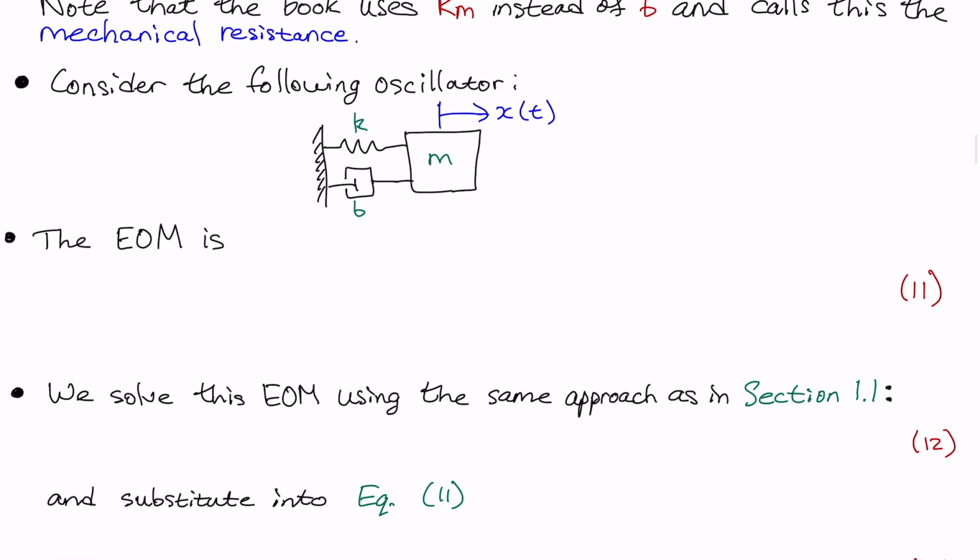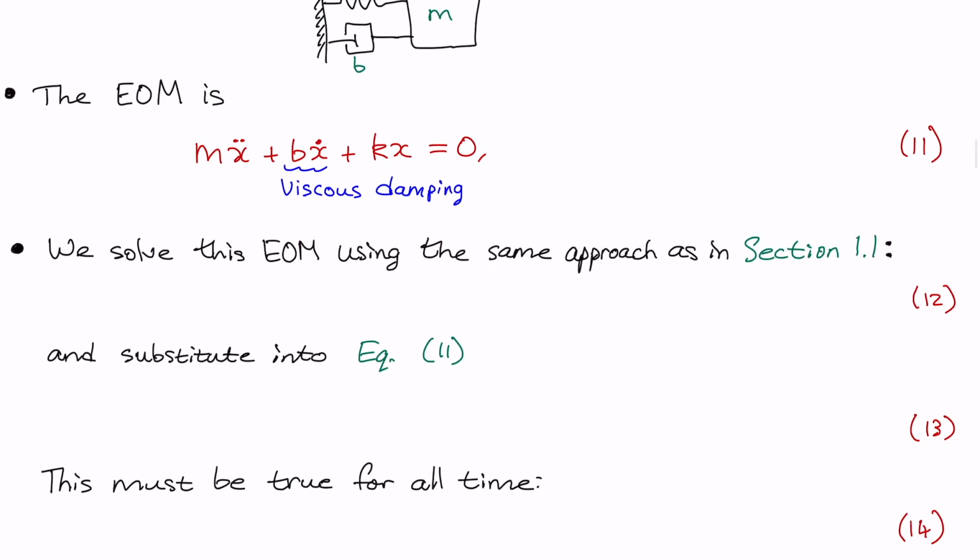In this case, the equation of motion is going to be m x double dot, that's our mass times acceleration, plus b times x dot, that's our damping term, plus k times x, and that's going to be equal to 0. And again, b times x dot, that's our viscous damping term. We're going to solve this equation of motion the same as we just did previously in section 1.1 by making an ansatz.